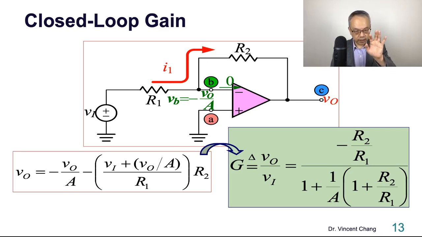If you look carefully, the numerator of this closed loop gain is the ideal term. Remember, in the ideal case, the closed loop gain G equals negative R2 over R1.